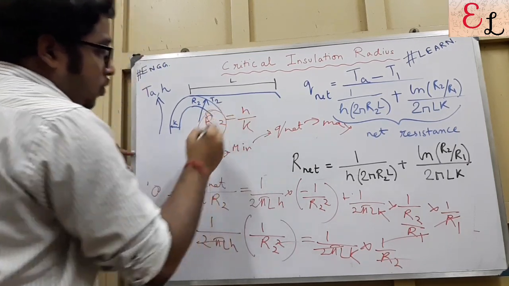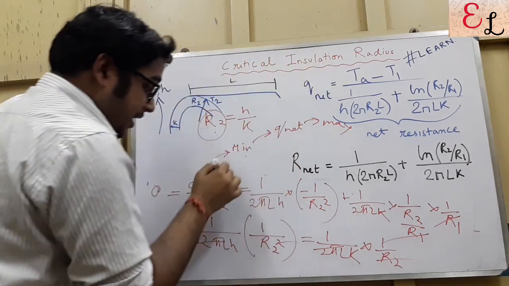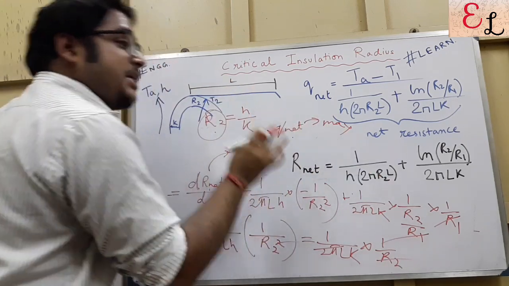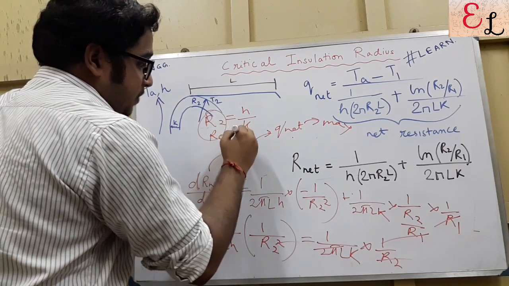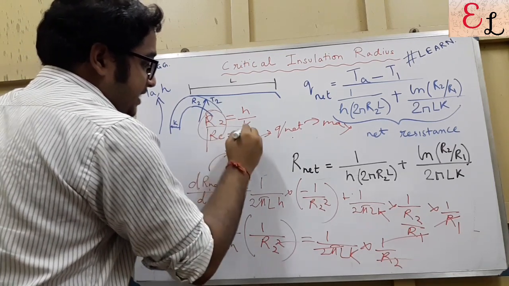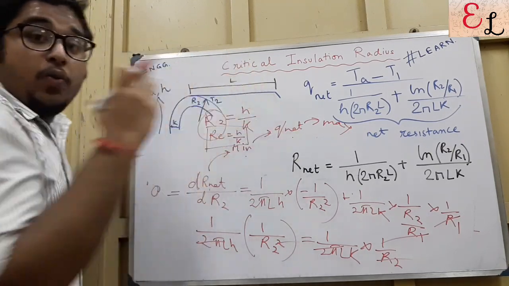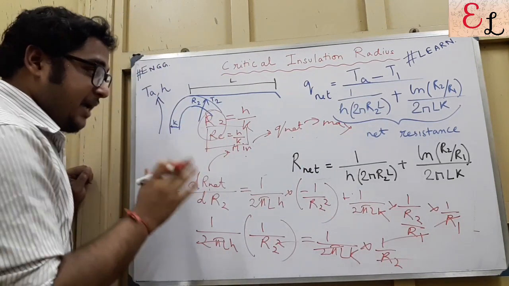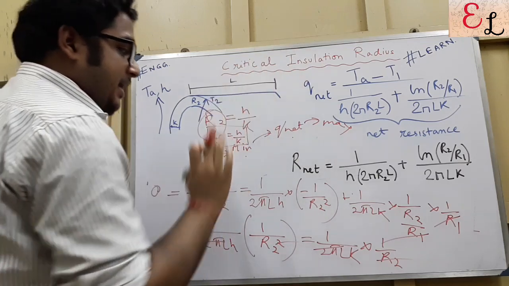This R2 is the R2 corresponding to the minimum net resistance, corresponding to the maximum Q net, that is my RC, which is H by K. So my critical insulation radius, at which my net heat flow will be maximized and my net resistance will be minimized, is H by K. That is my critical insulation radius.